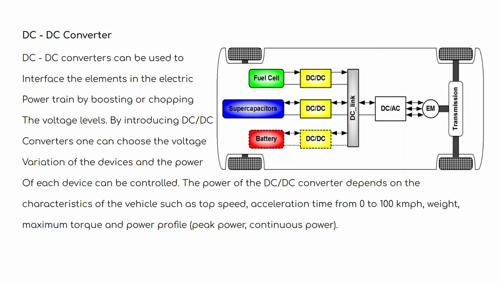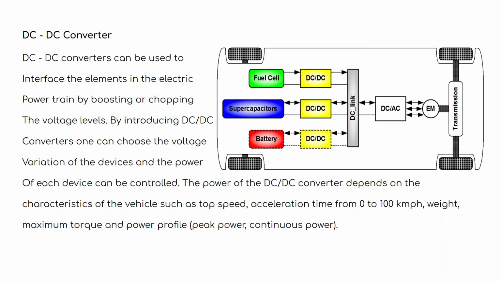Next we have the DC to DC converter. The figure shown here represents DC to DC converters, which consist of fuel cells, supercapacitors, batteries, etc. DC to DC converters can be used to interface the elements in the electric powertrain by boosting or chopping the voltage levels.